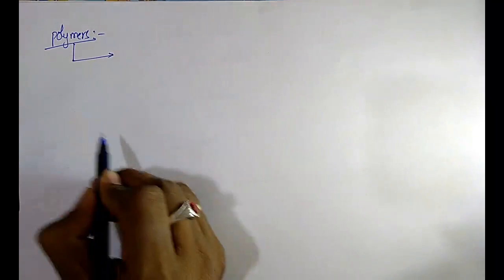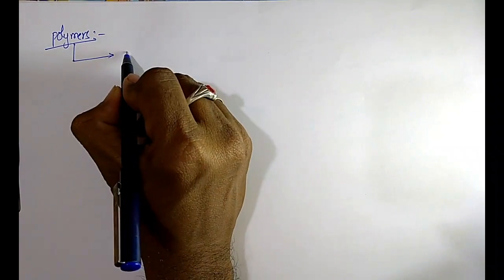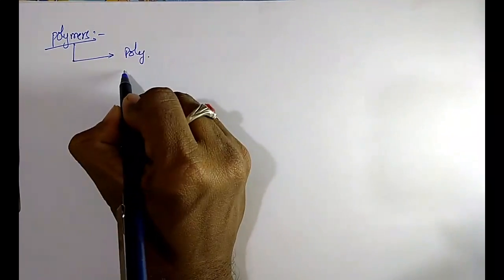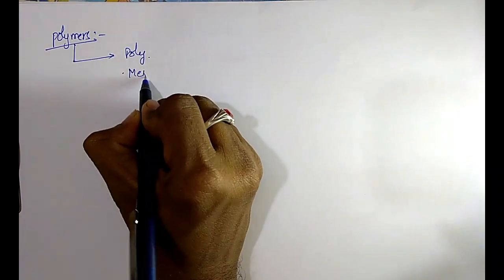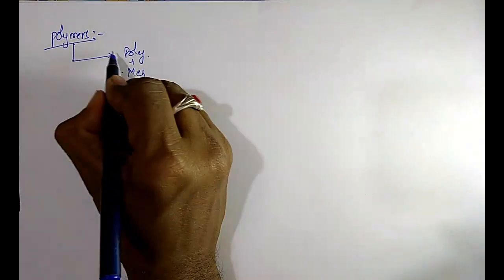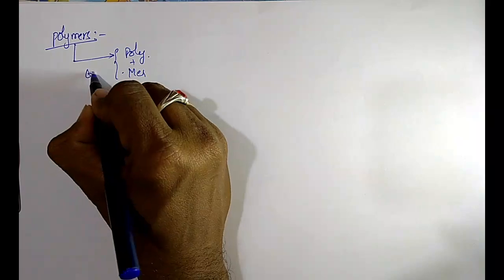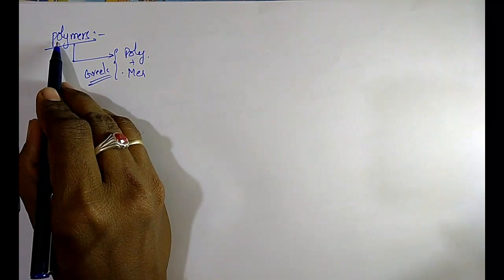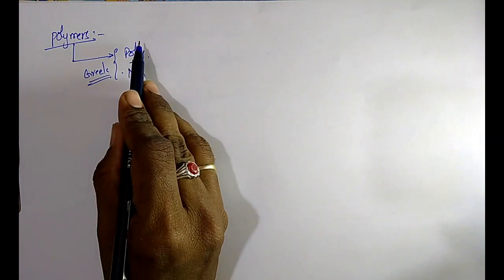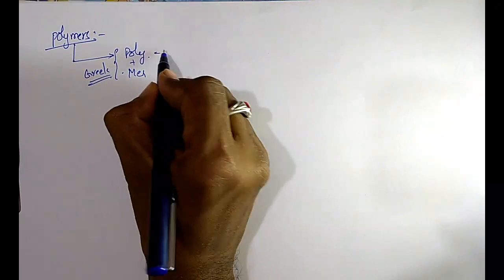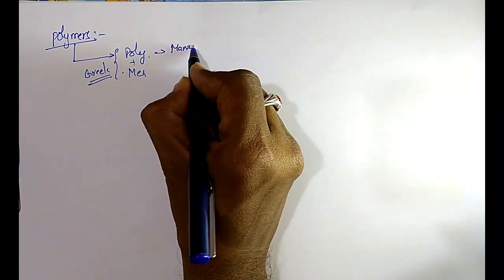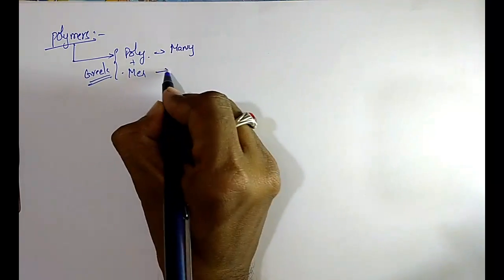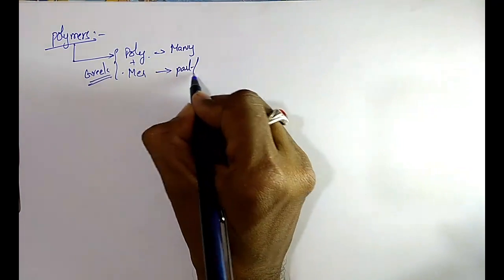Here we know that the word polymer is taken from two Greek words, poly and mer. Poly means many, and mer means part or unit.